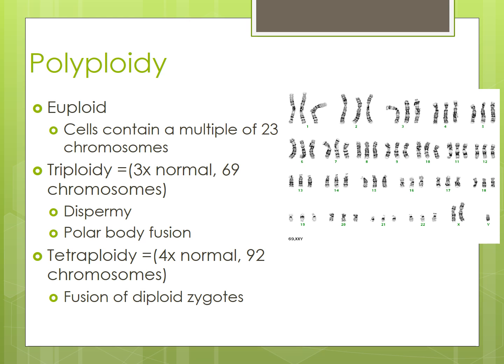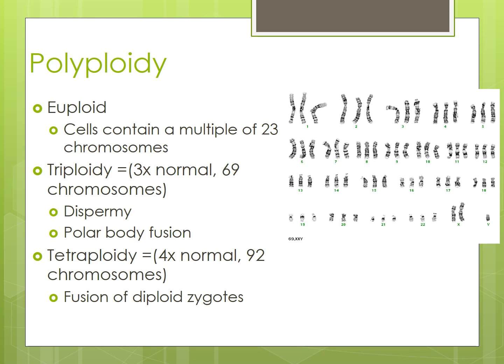Another way this could happen is if a polar body somehow fused with a fertilized egg or an oocyte. So the sperm having 23, the fertilized egg having 23, and then the polar body somehow adding on another 23, ending up with the 69 chromosomes as we described.